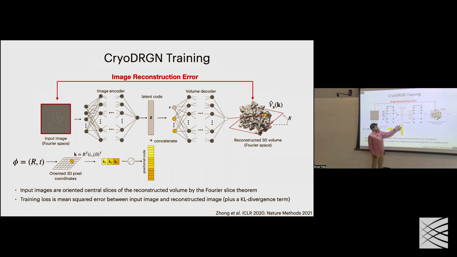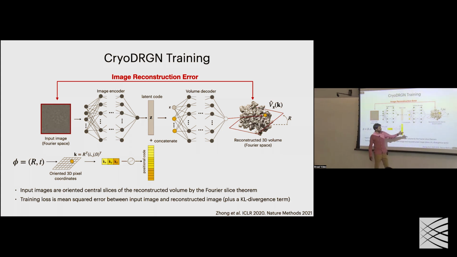In general, Z should have as many dimensions as there are degrees of freedom within the underlying molecular system. So again, image goes to the encoder. You get this latent variable representing that image's conformation, push it through the decoder. And for the sake of training, again, we know based on the Fourier slice theorem that this input image is a centrally oriented slice of the output volume.